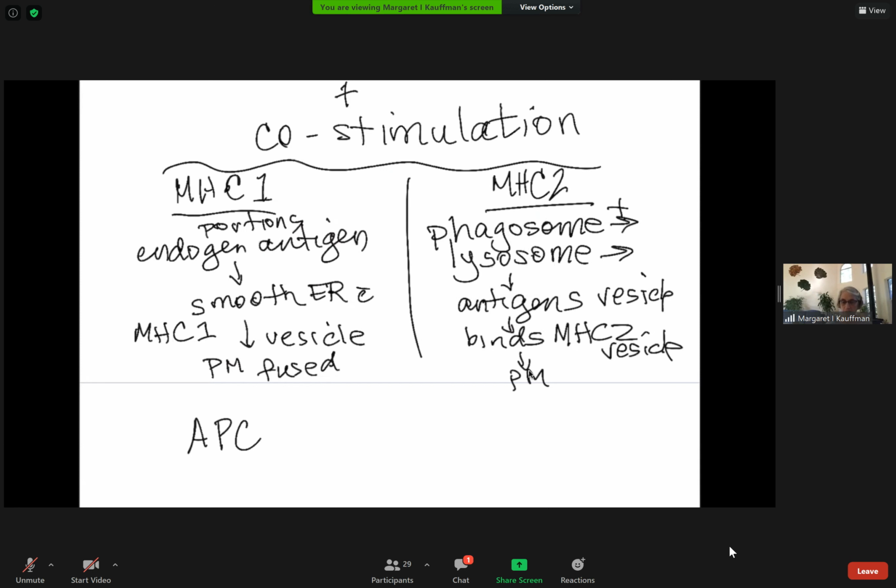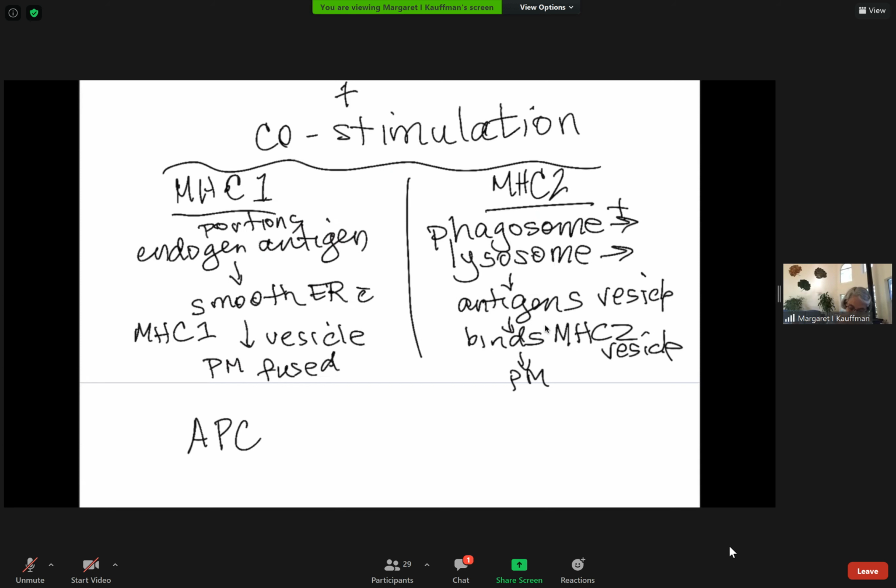And all you would get was an antigen presenting cell with the MHC2 antigen on the outside. If this was a dendritic cell, what it can do is take this phagosome, fuse it with a lysosome, and make it into a vesicle that contains antigens. And by means that I have no idea, perhaps it enters the smooth ER, perhaps it just makes vesicles with both MHC1 and MHC2.